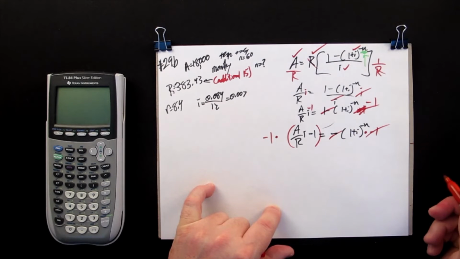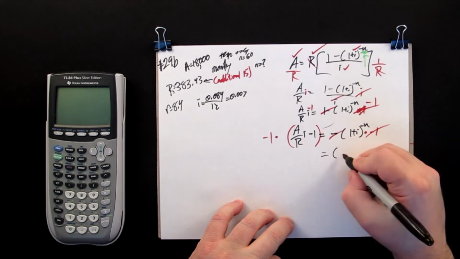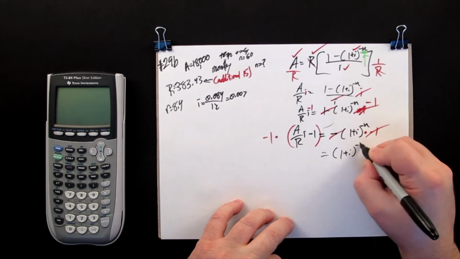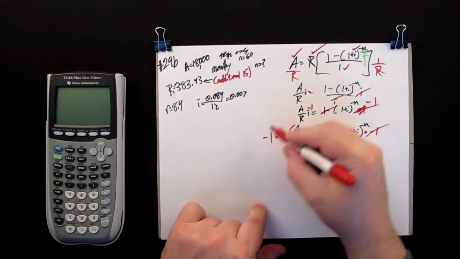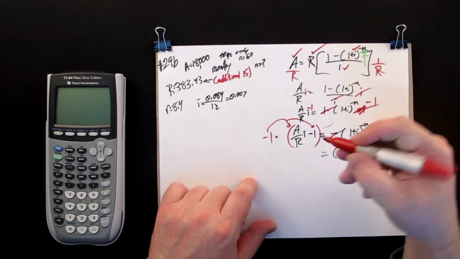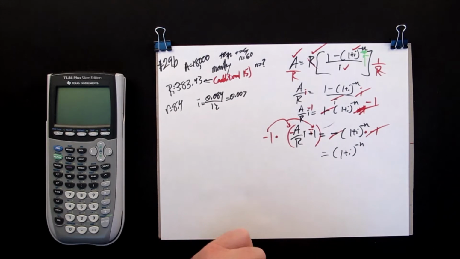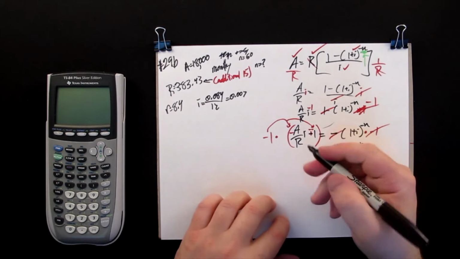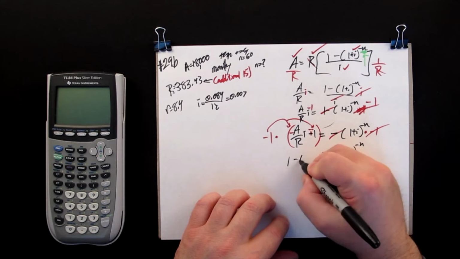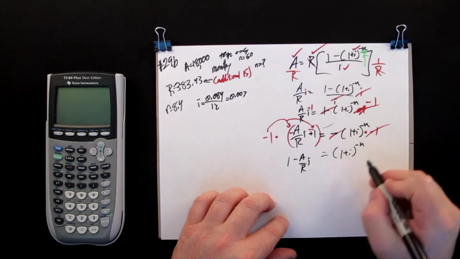So that cancels to become positive. And what happens here is you need to distribute the minus 1, so minus minus becomes plus, and that term will be negative. So you have 1 minus A divided by R times I equals this.